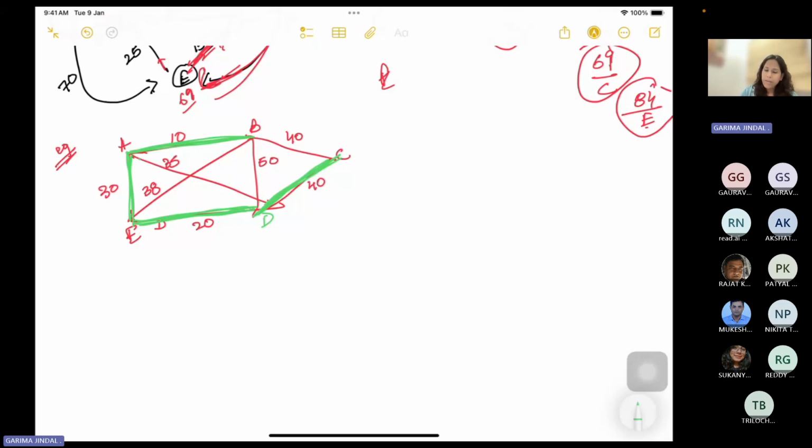A spanning tree is a subgraph that visits all the nodes and has the minimum total edge weight of the entire graph. If there are n nodes, there will be n minus 1 edges. So this becomes the spanning tree using the Kruskal algorithm. In this particular example, you can also see that more than one minimum spanning tree is possible using this algorithm.